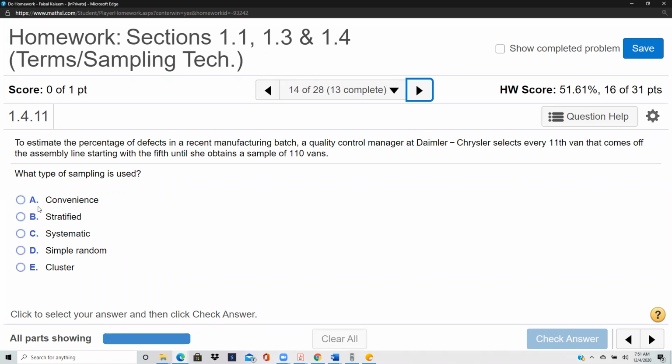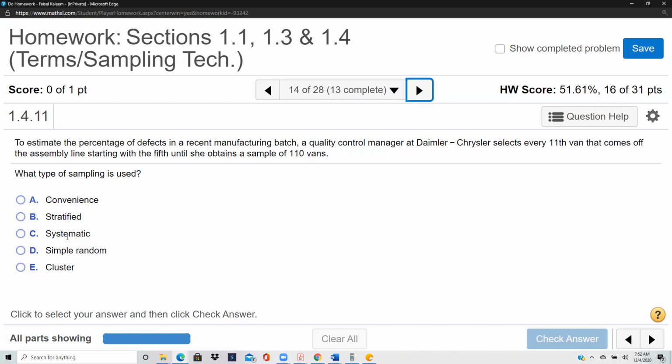A convenient way would be that someone just stands outside the library and surveys the first 50 girls that enter the library at that time. That's a convenient way of doing it. Stratified and cluster, we'll come to that later.